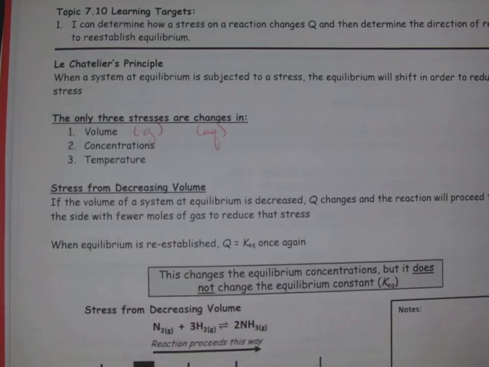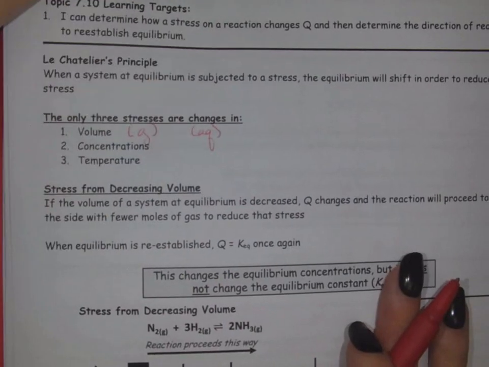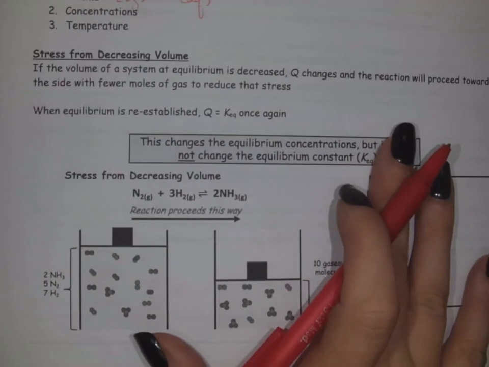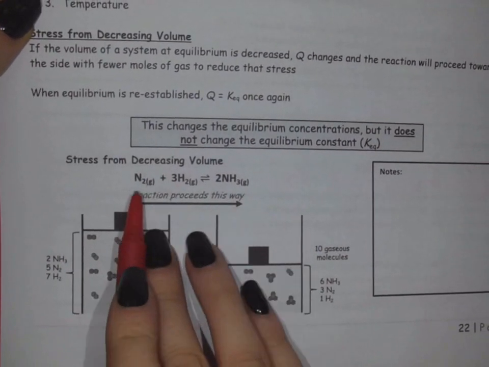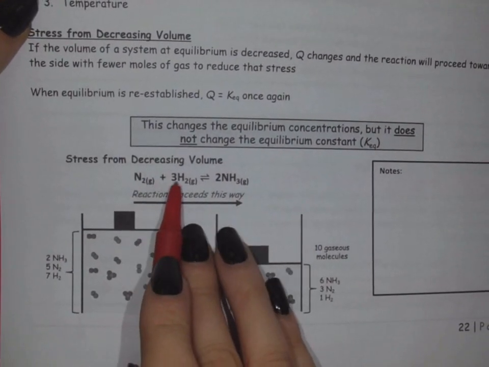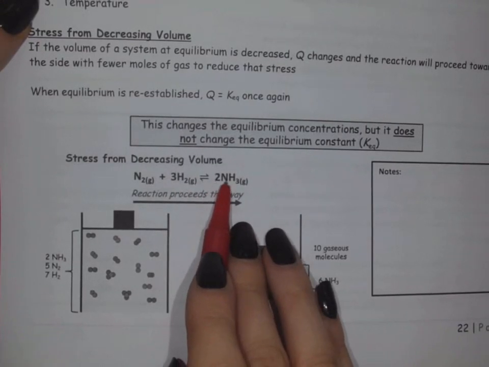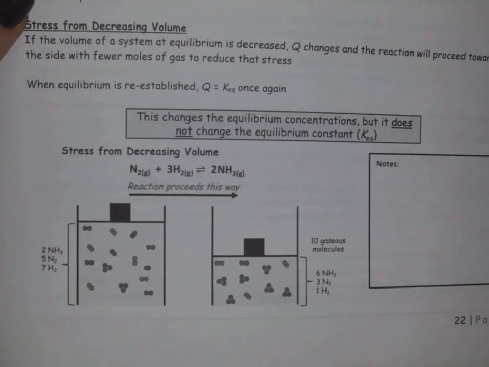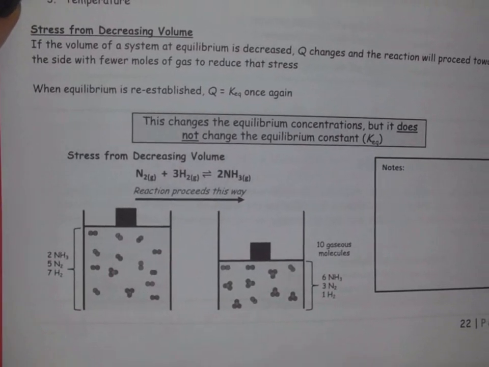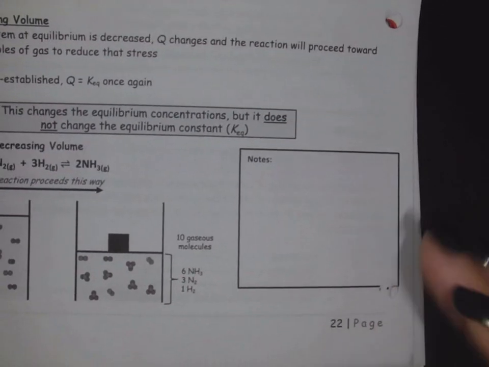Okay, so let's say that I have this chemical reaction of N2 plus 3H2 results in 2NH3. We've done this before, and I'm going to put it over here in the notes.